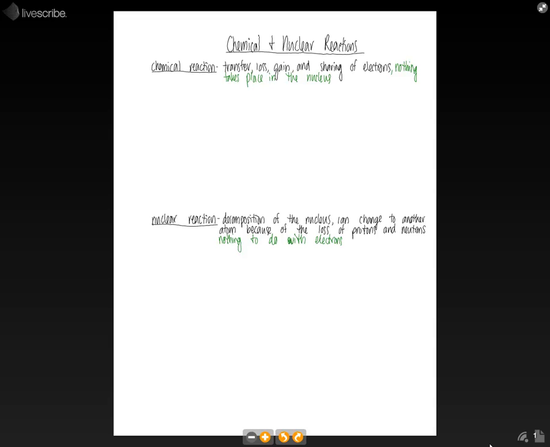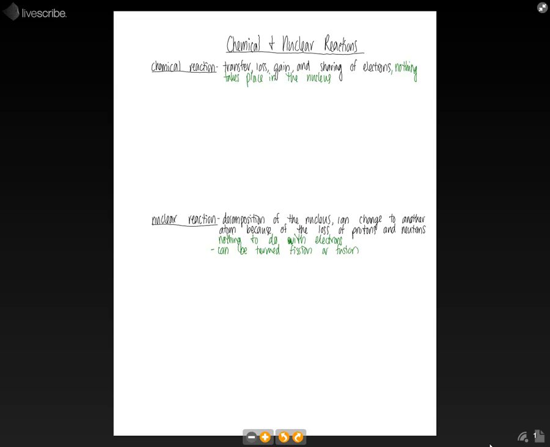It's strictly protons and neutrons within the nucleus. And a nuclear reaction can also be termed fission or fusion, as a further type of classification. But we do not term chemical reactions by fission or fusion.